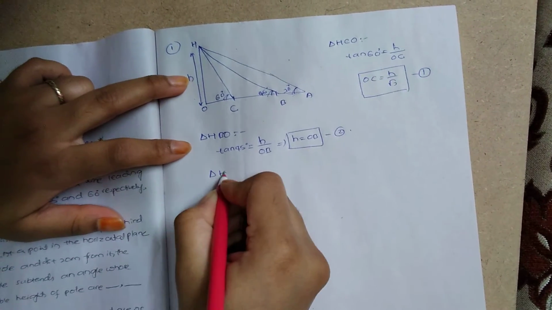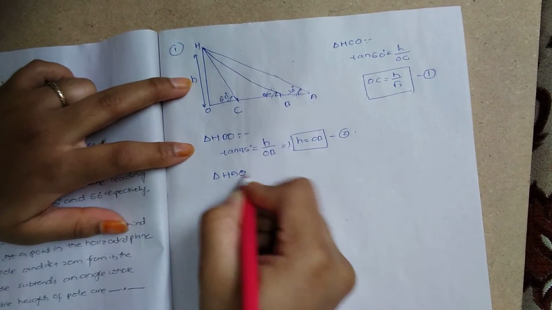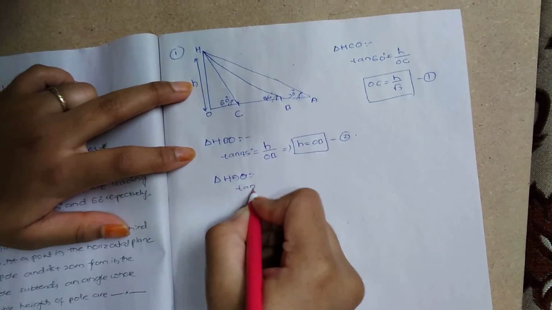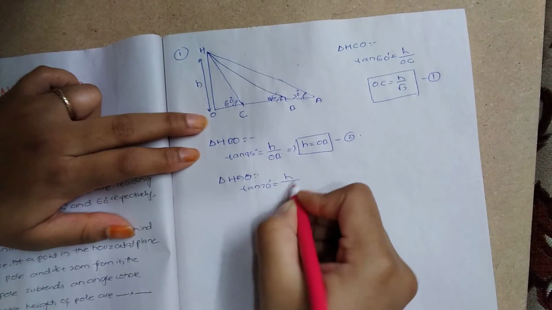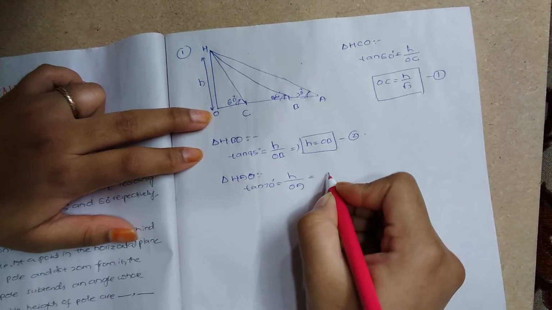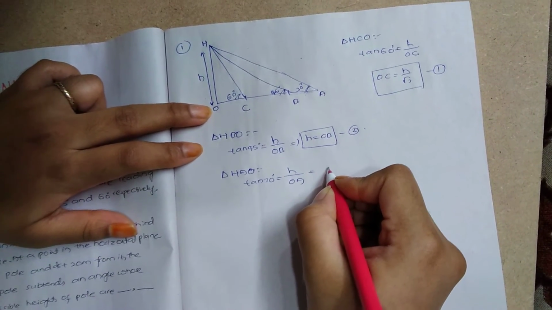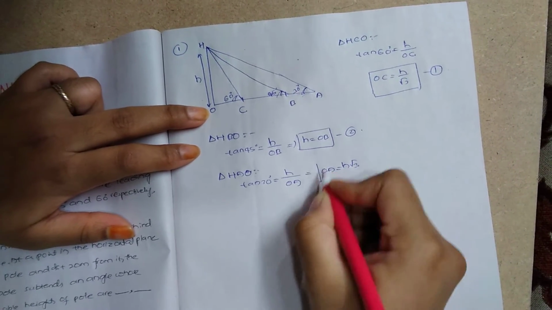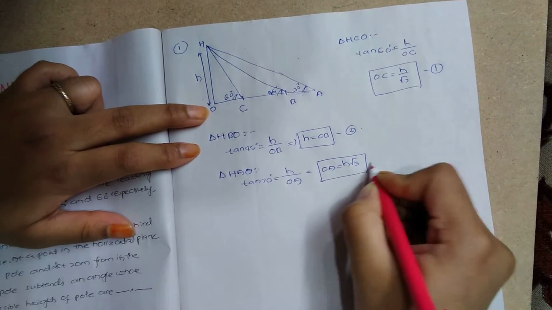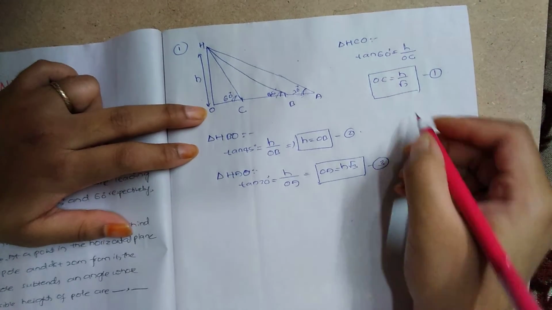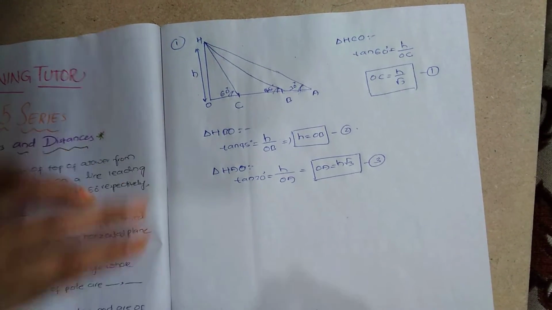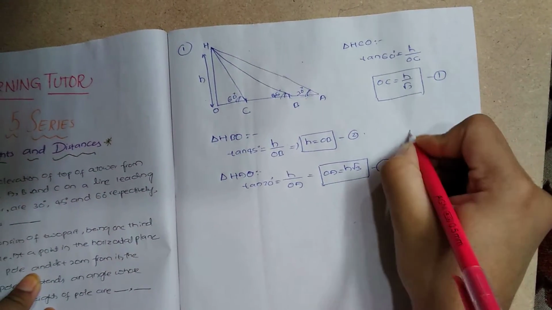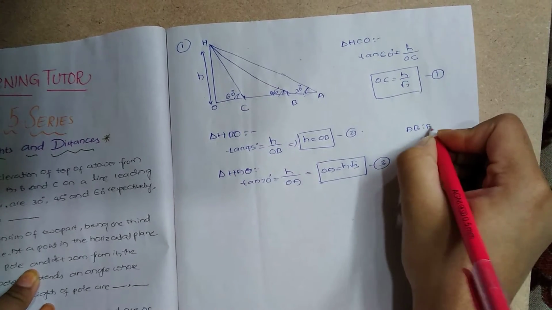Again, from triangle HAO, tan 30 is equal to H by OA. Yes? Now, what will be the value of OA? H root 3. Equation 3. Yes? Now, see, they are asking us the ratio of AB is to BC.